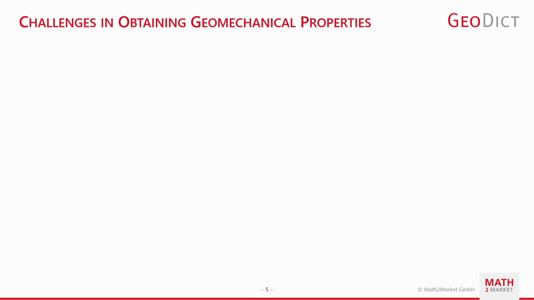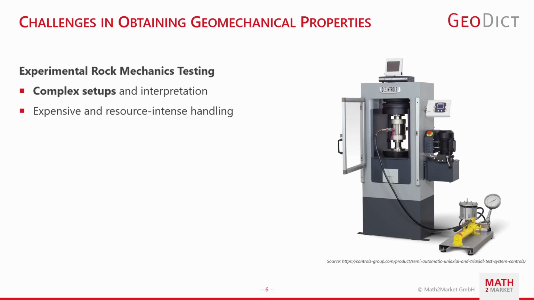So I'd like to tackle now some challenges in obtaining the geomechanical properties. And we'll start with experiments and the experimental setups. Here on the right side, you can see such a setup for the triaxial testing of rock samples, where you have many different parts, and they include quite complex configurations of pressure valves, the inducers, the stress load in the Z direction, and also confinement.